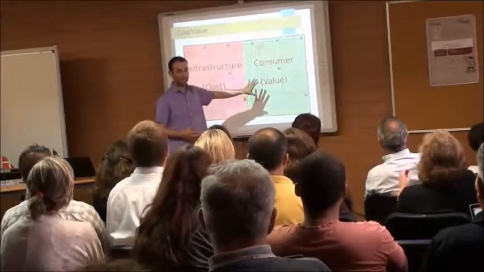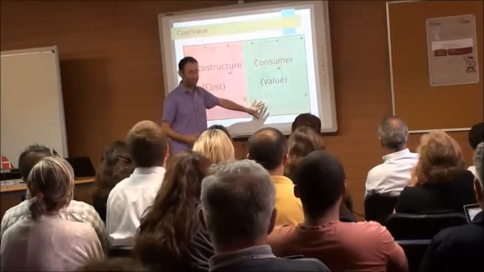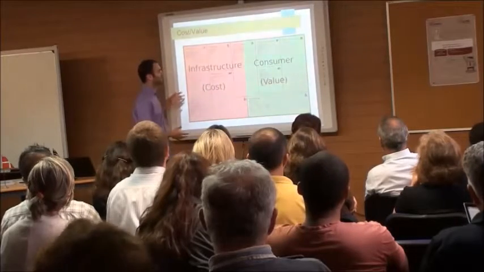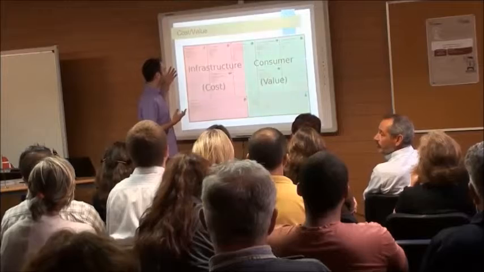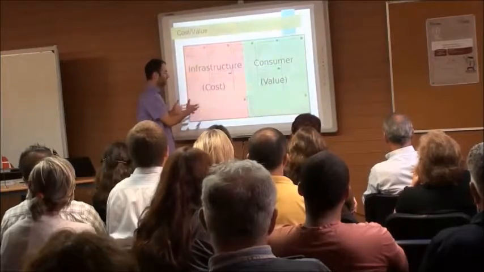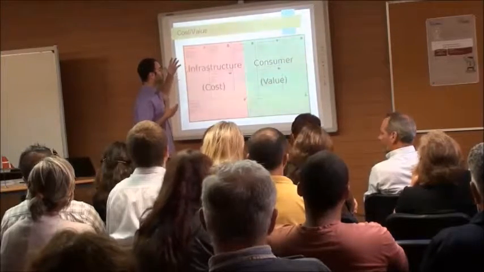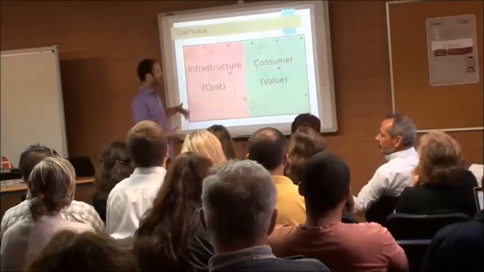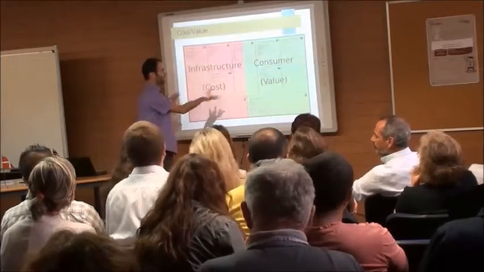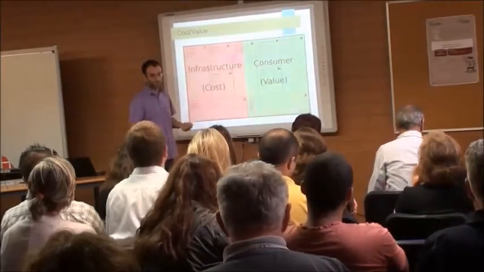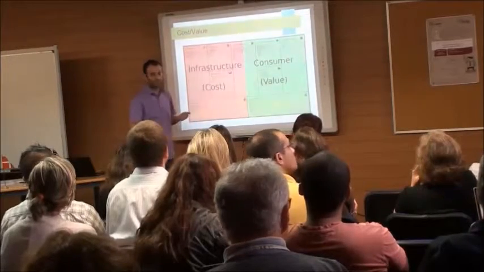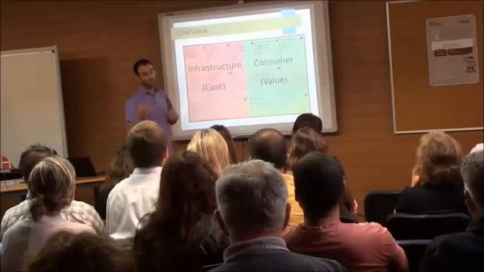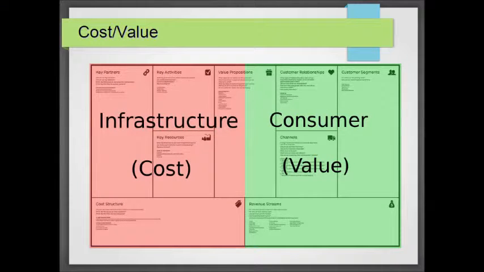These are things that I want to increase, revenue of course as well. And on the left side, I will have things that I want to minimize. So I want to reduce cost in terms of activities. I might want to have cheaper or more accessible resources. I might choose to use a third party for doing some things, perhaps in another country that can do that cheaper than doing it oneself.